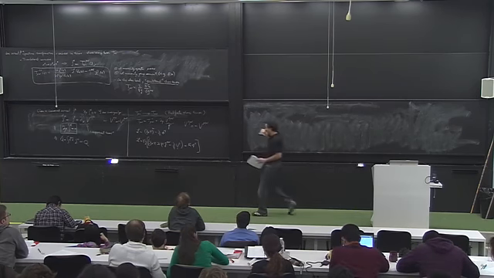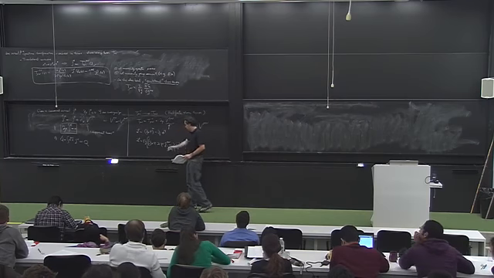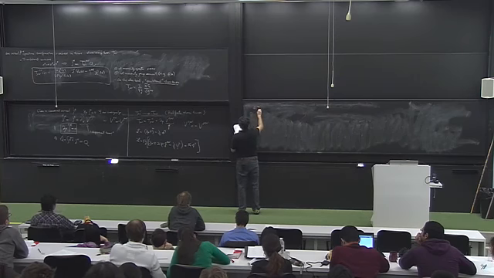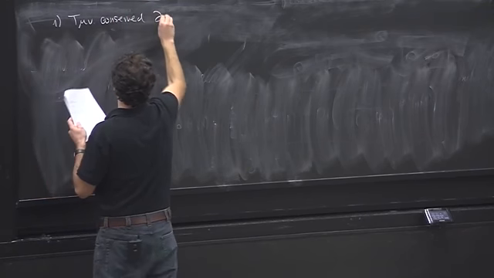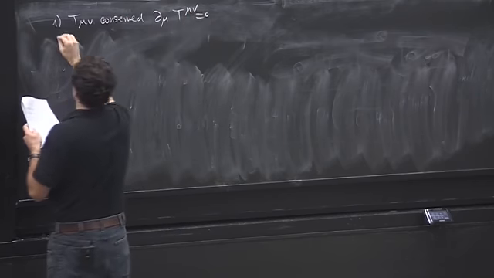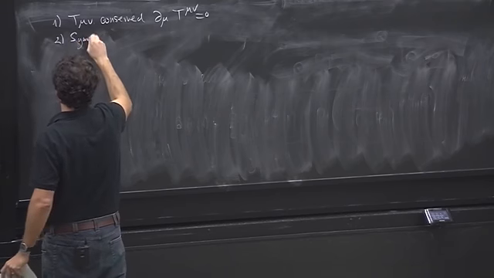So let's now talk about this specific Belinfante tensor, which is a particular stress tensor. It has all the nice properties that you would want. T mu nu is conserved. It is symmetric, which is totally not obvious, but that's the whole point.